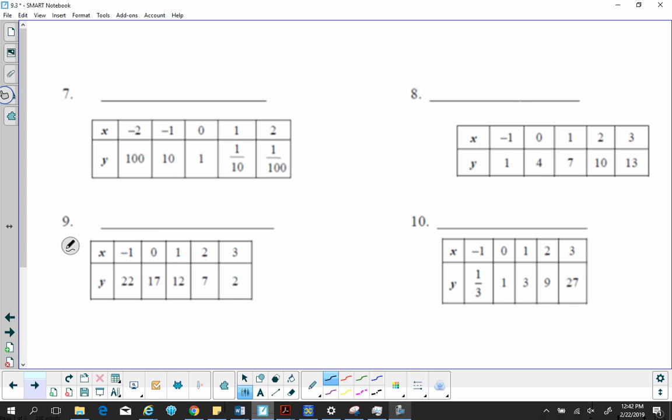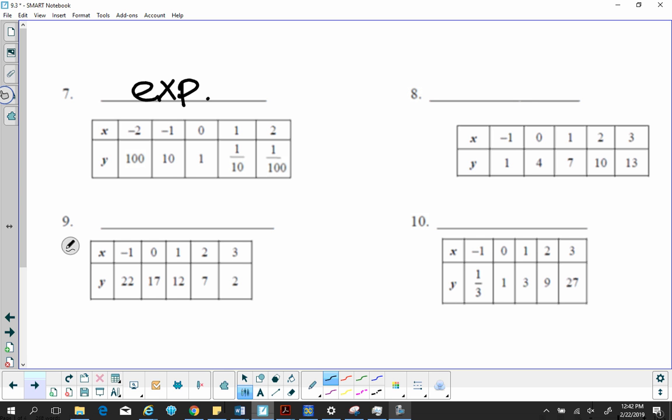So who can raise their hand for a brain buck and tell me what the first one would be? Naisha. The first one actually is linear. Not linear. Exponential. It's going to be exponential. Who can explain for a brain buck why it would be exponential? Joe.